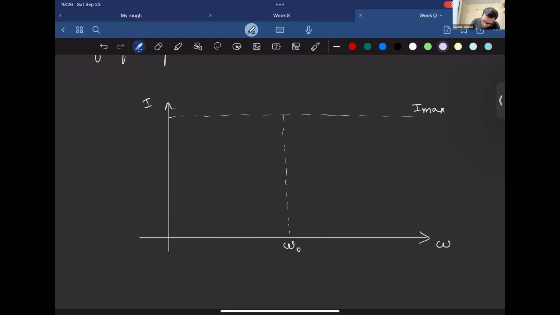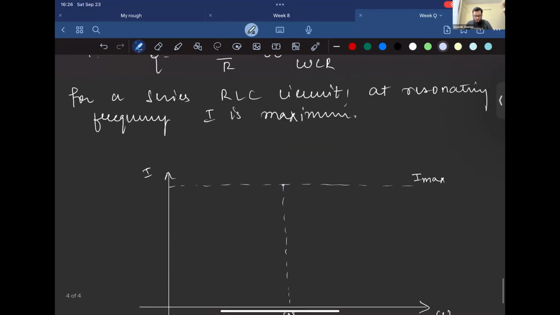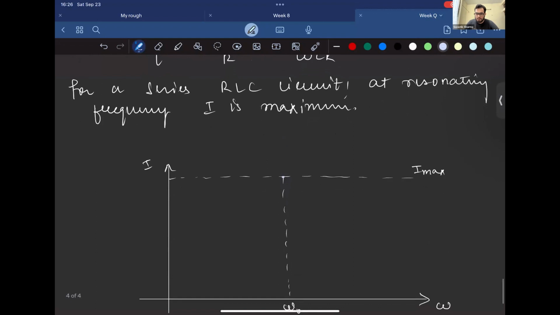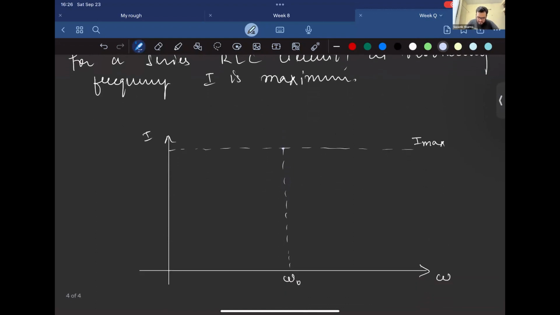Now what happens? On both sides of omega naught, I starts decreasing because the effect of capacitance and inductance starts increasing, right? On this side, capacitance is more, and on this side, inductance is more, right?